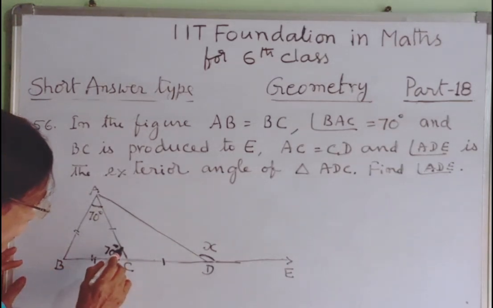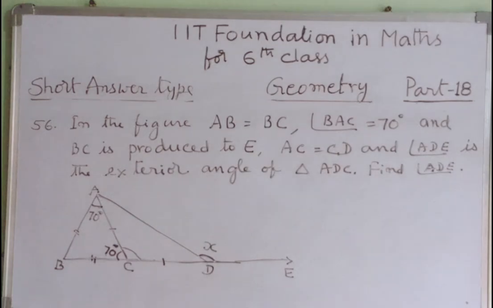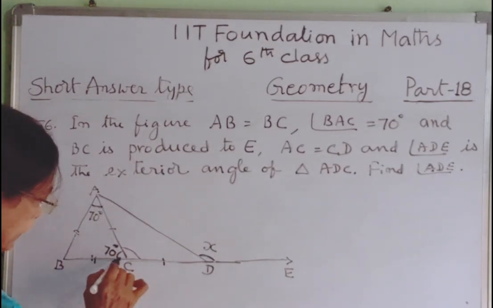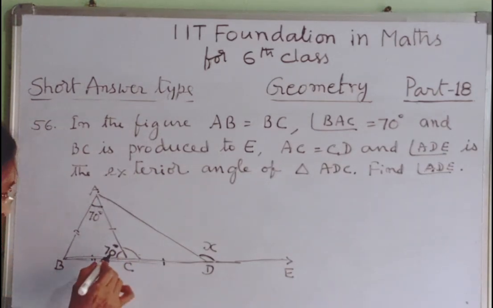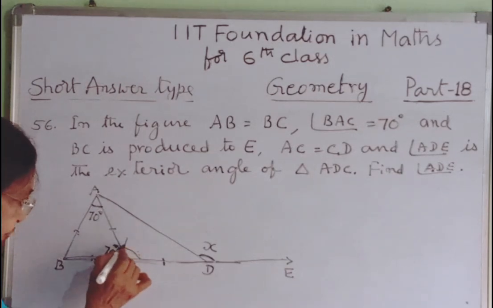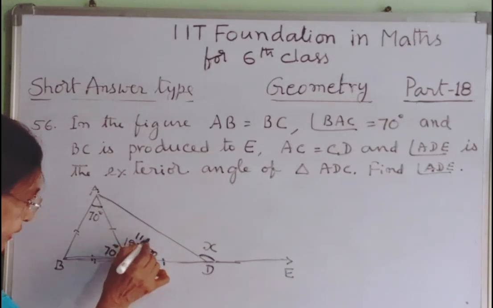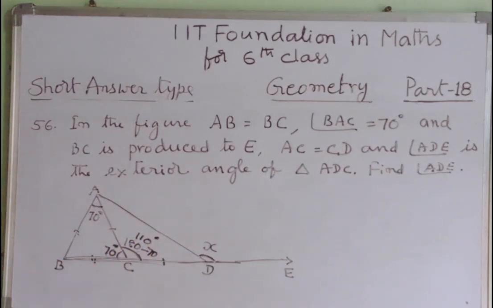So, this angle and this angle are a linear pair. At C, it is a straight line. Therefore, the sum of these two angles is 180 degrees. Therefore, this angle is 180 minus 70, which is equal to 110 degrees.